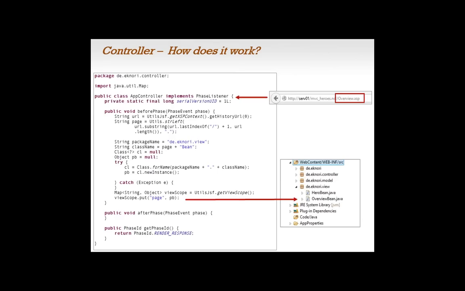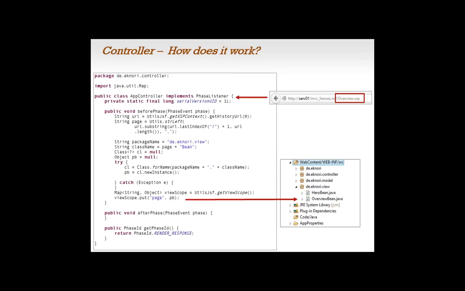So the resulting object we are working with is the overview bean. This is the first part where you see that it will become very easy to enhance this application. By now, we only have the hero XSP and the according hero bean in our application.